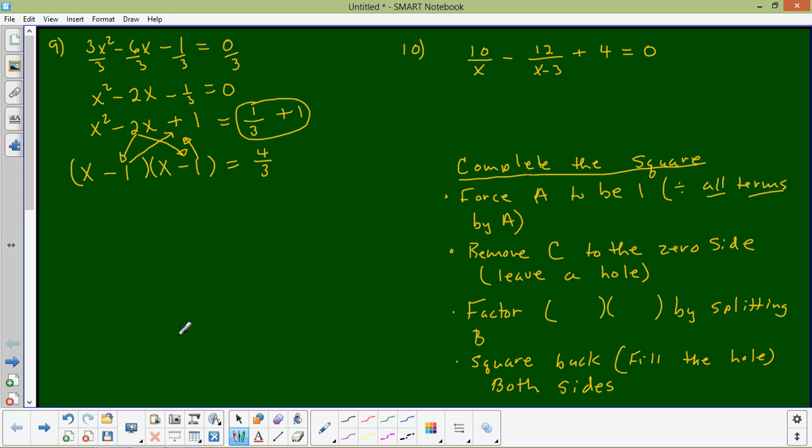Then, next bullet point said to write it as a square, right? So since you've got the same binomial being multiplied times itself right there, that's a square. That's where that name is coming from. All right, like that. And now you finish by doing a square root.